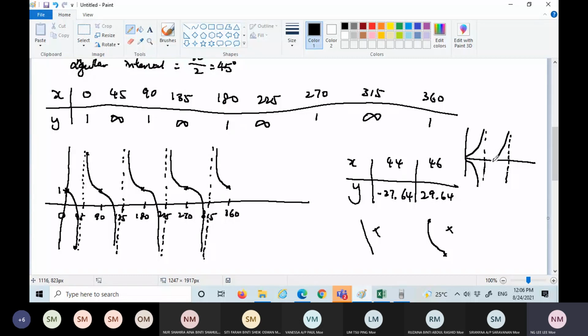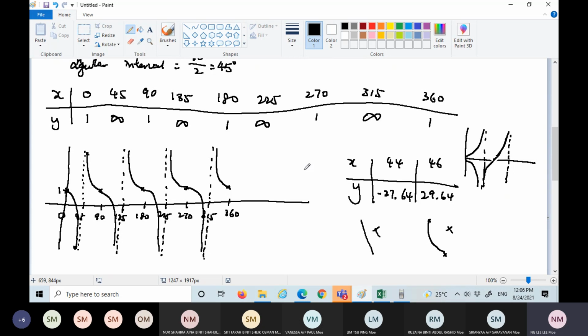Something like this. It bends this way. Then come this way. So with the negative, this one will go up, this one will come down. So the shape of the graph will become this way. For tangent graph, actually, it is the most difficult to sketch.